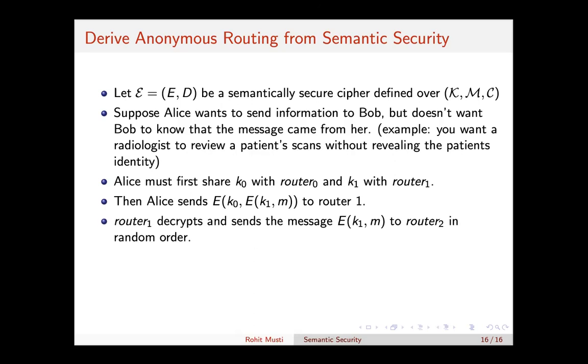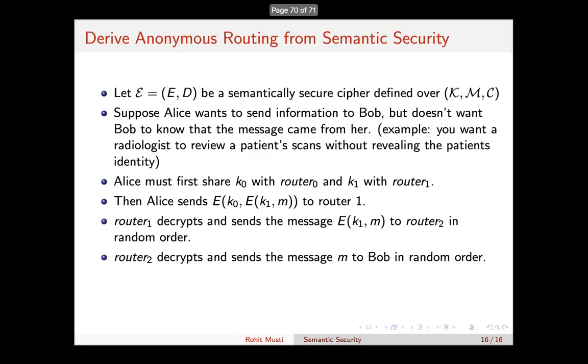Router 1 decrypts and then sends the message EK1M to router 2 in random order. This is assuming router 1 is receiving multiple messages and is re-randomizing them on the output.